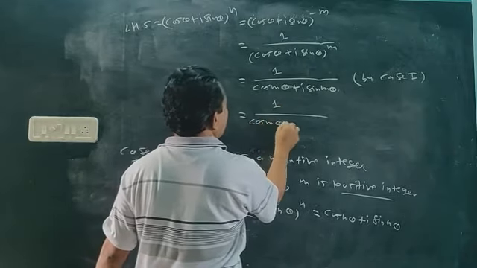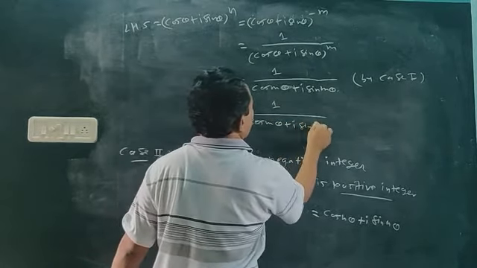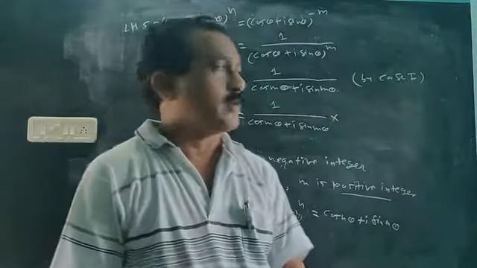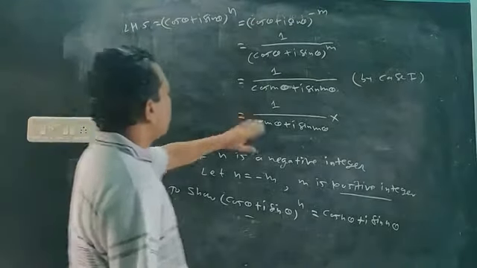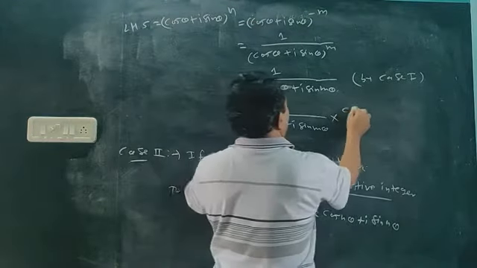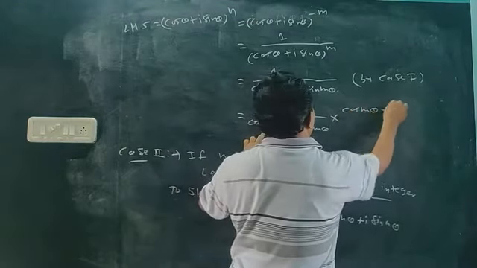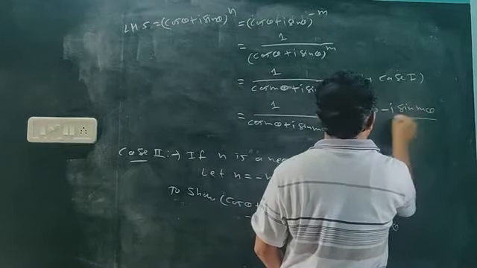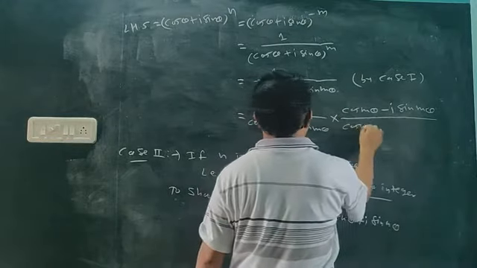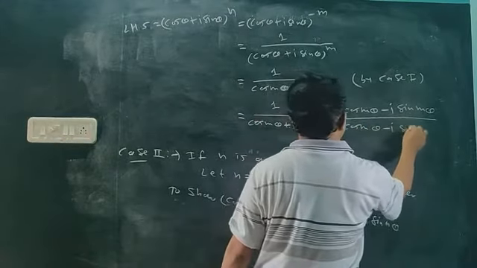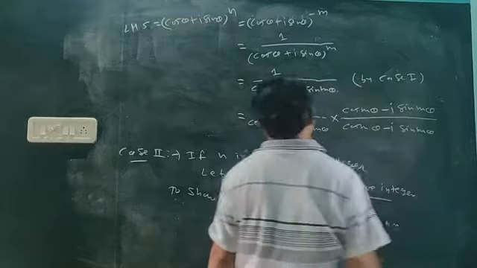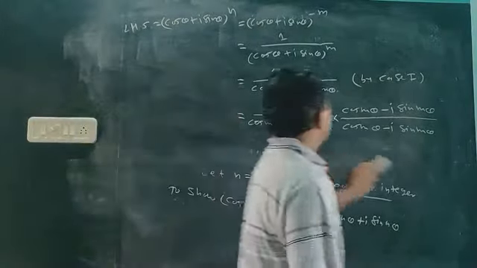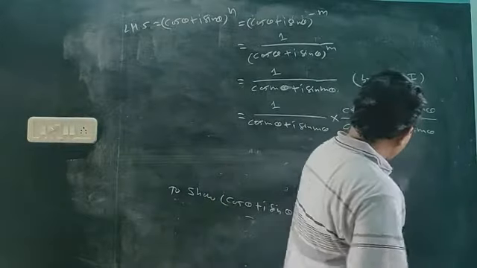This is the only method in mathematics: any complex number in the denominator, if I want it in the numerator, multiply and divide by its conjugate, meaning cos of m theta minus I sin m theta, with minus I in place of I. So multiply and divide by its conjugate.